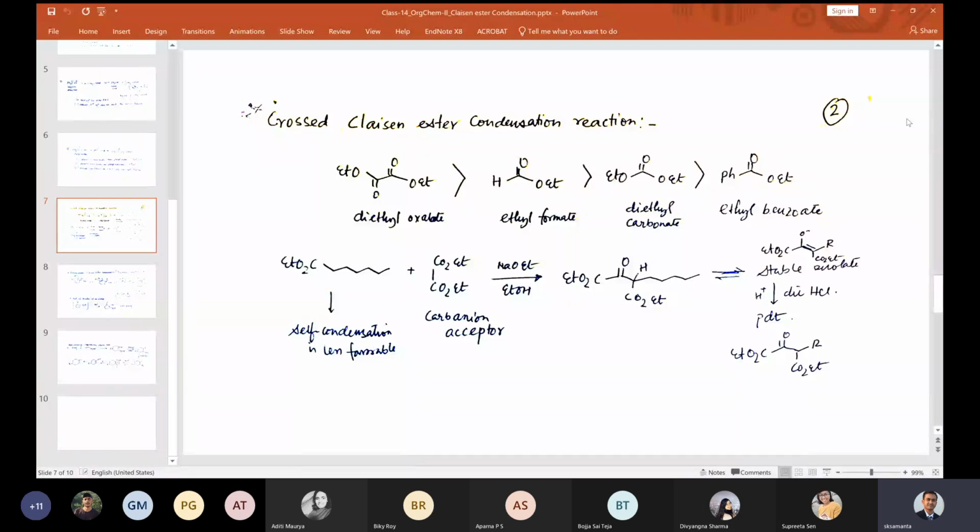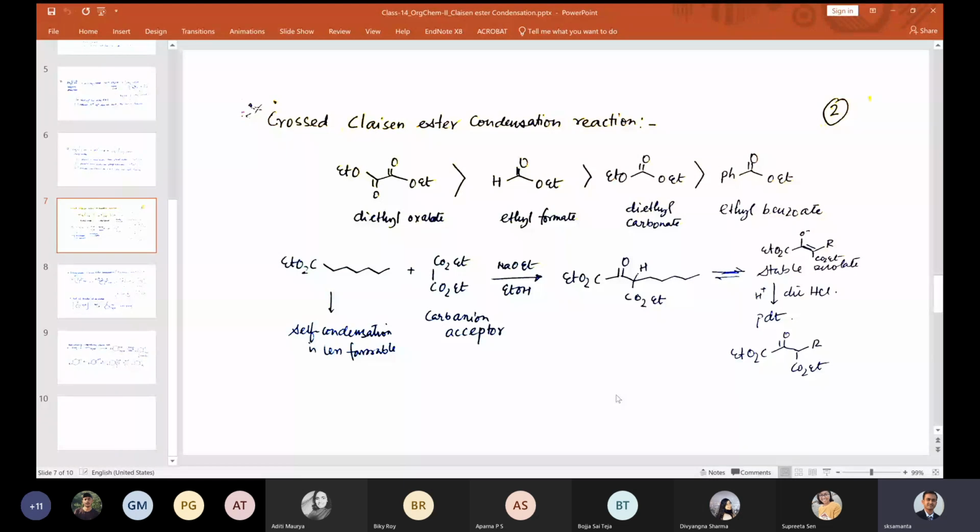So now we will see the crossed Claisen ester condensation reaction. Okay. So for the crossed Claisen ester condensation reaction, definitely you have two different esters. One is basically the donor, another is basically the acceptor. So we basically have to consider which ester is more acidic.